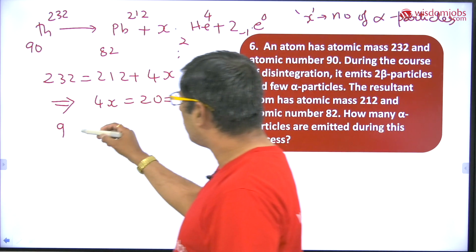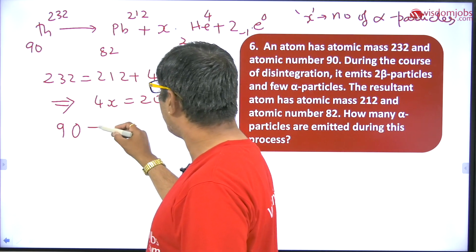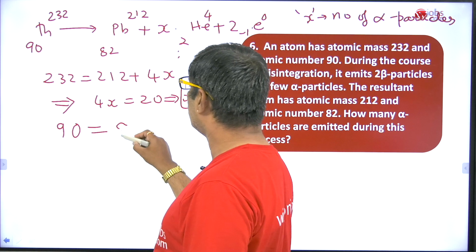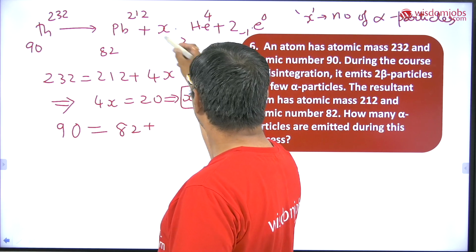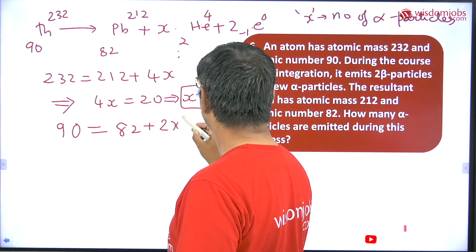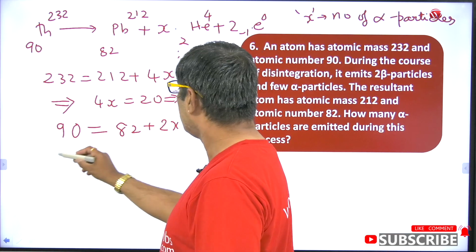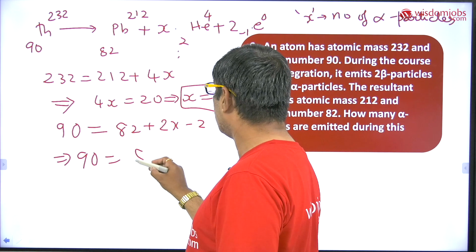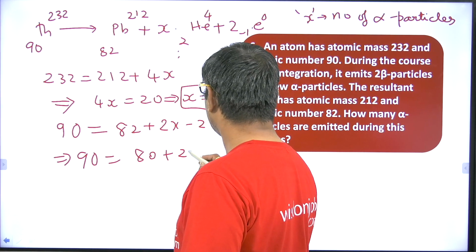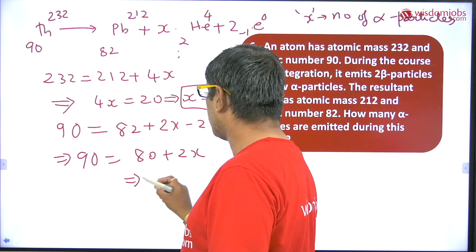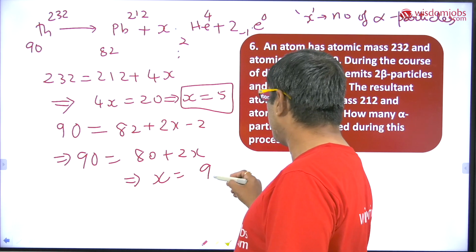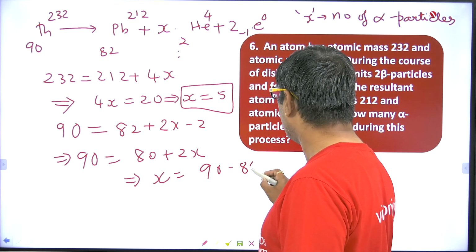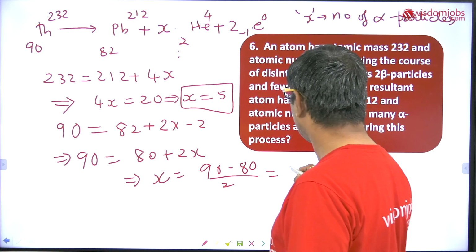Let us compare the atomic numbers. 90 is equal to 82 plus 2 into x, that is 2x, minus 2, or 90 is equal to 82 minus 2, which gives you 80, plus 2x, right? From this, what is the x value? x would be (90 minus 80) by 2, which gives you as usual 5.